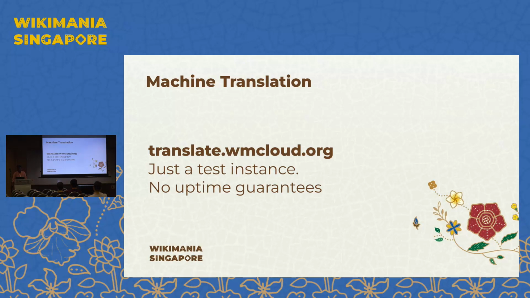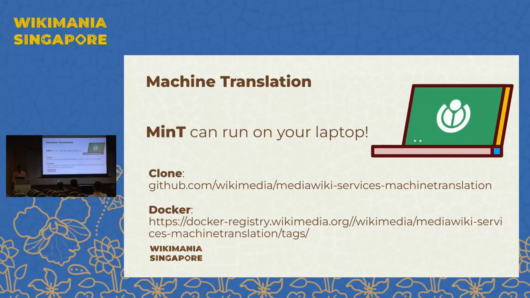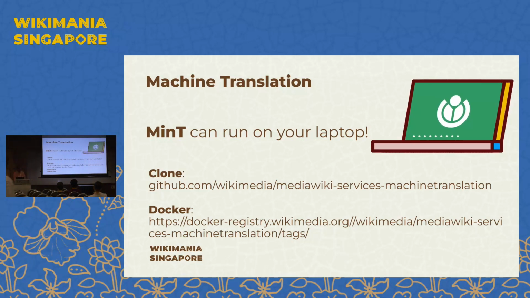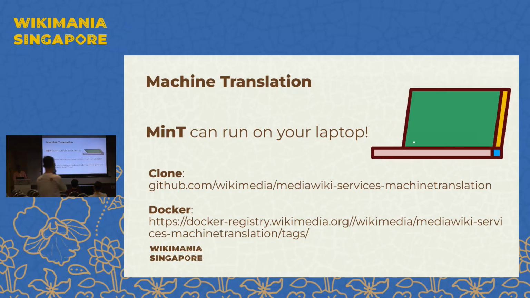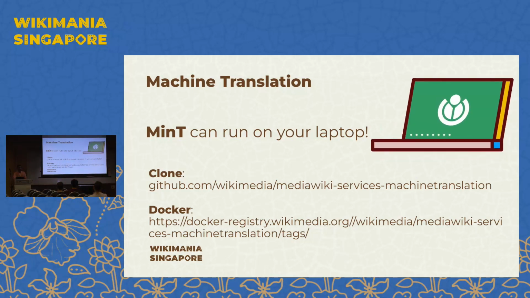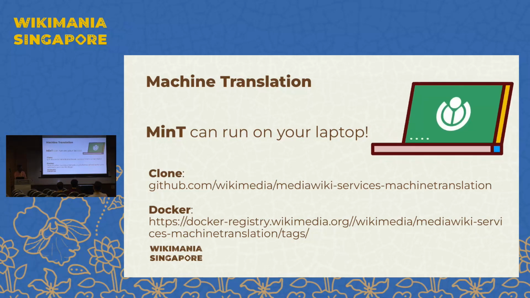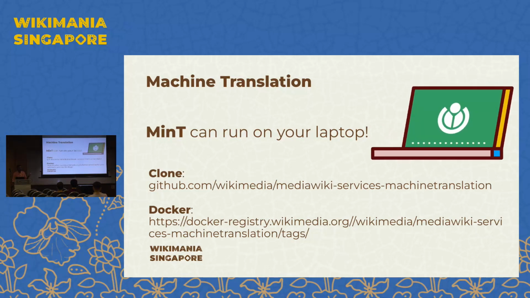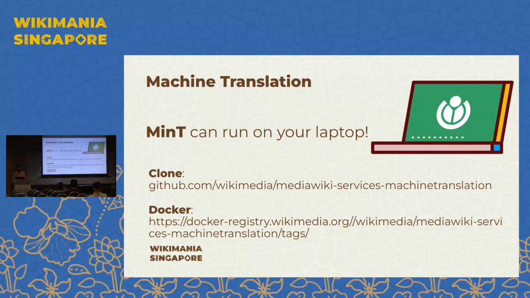So this is just a virtual instance just for demo purposes. But don't worry about uptime and so on, because it can run on your laptop. You can just download the source code, or there is a pre-built Docker container. Just go to this URL. All these links and URLs are linked in the Phabricator ticket. So even if you need not note down all these things, you can get it from the Phabricator ticket.